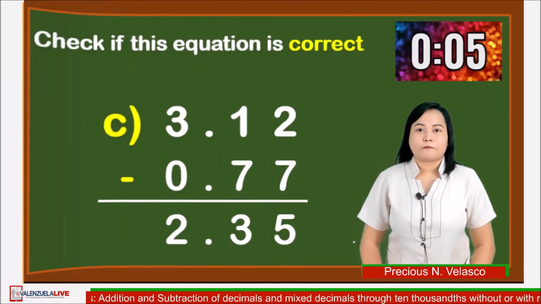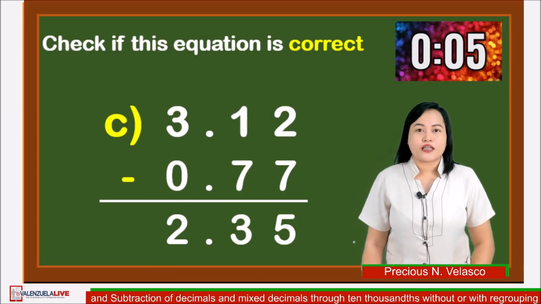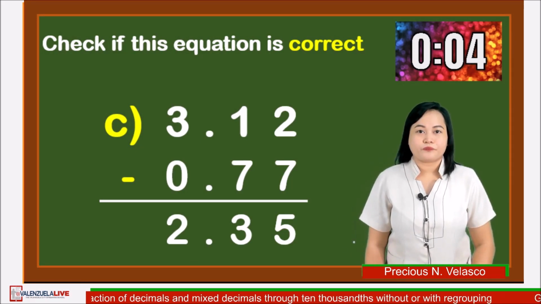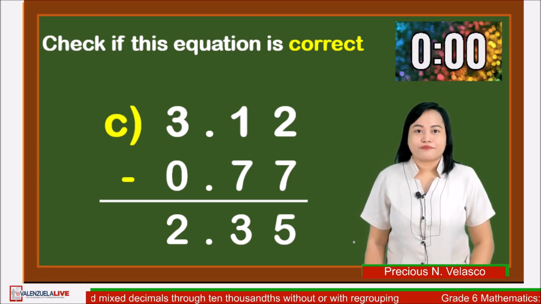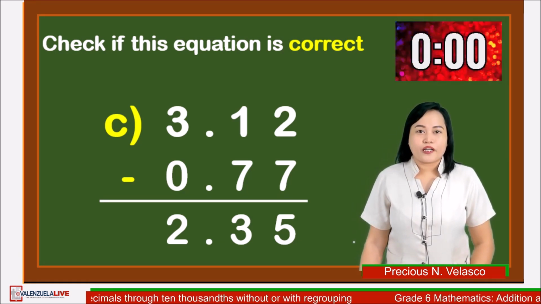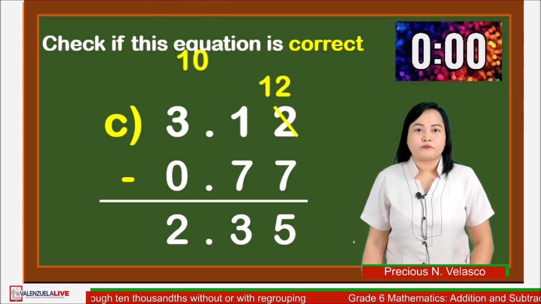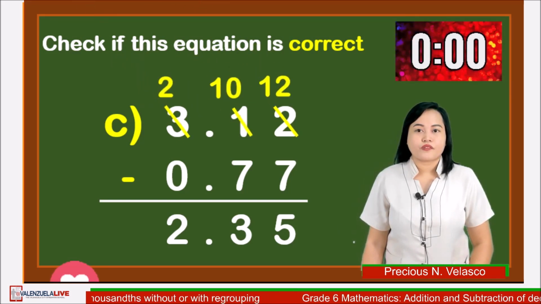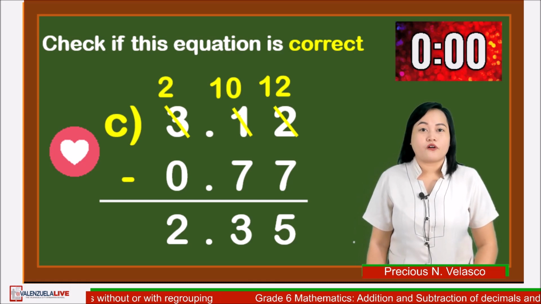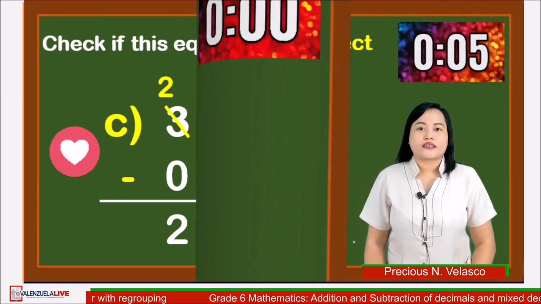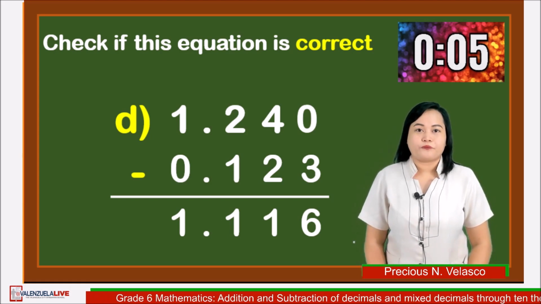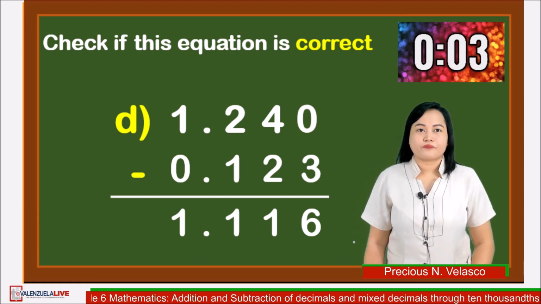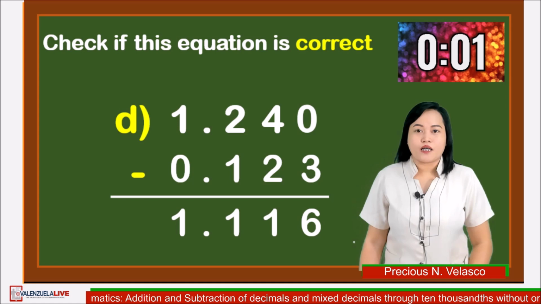Third one, your 5 seconds starts now. Okay, time's up. For the third one, we have, okay, so this is also correct. Next, number 4. Your 5 seconds starts now. Time's up.